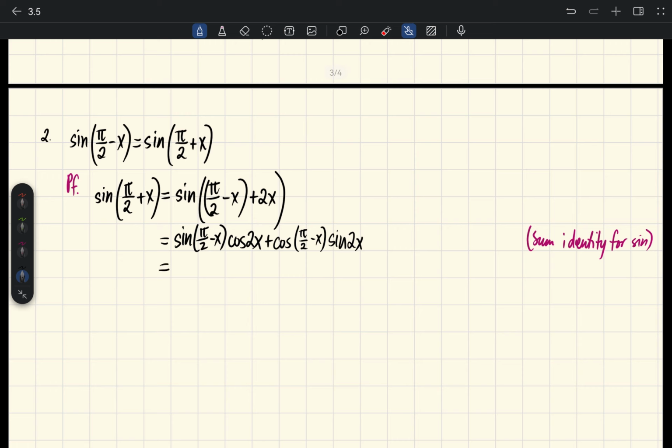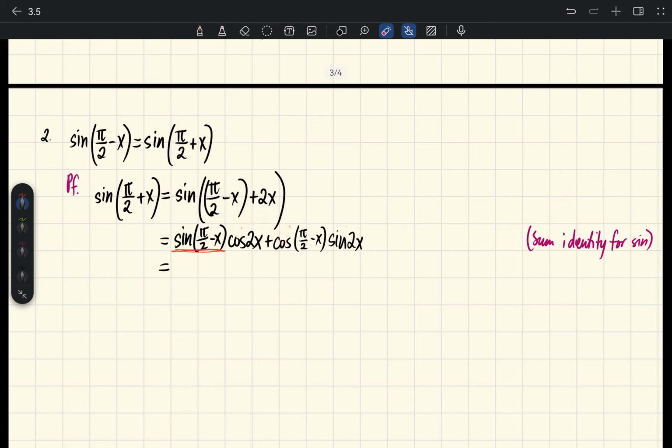Okay? Right now, we already have sine of pi over 2 minus x. So obviously, we don't want to do anything with this anymore. Instead, we'll try and play with these three expressions right here.